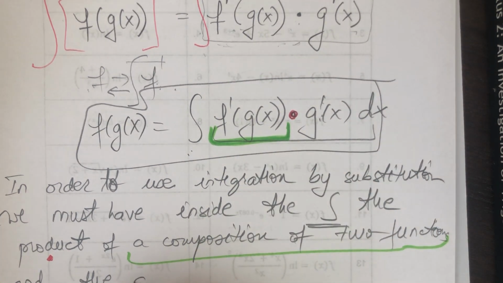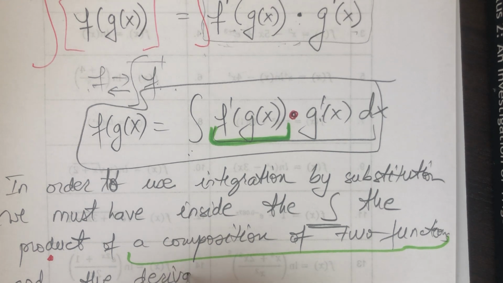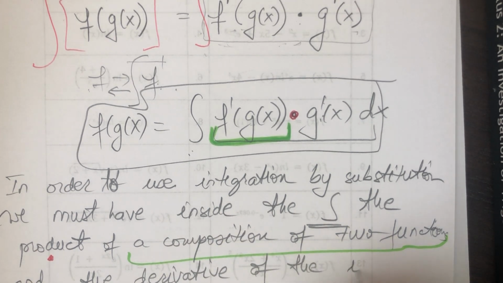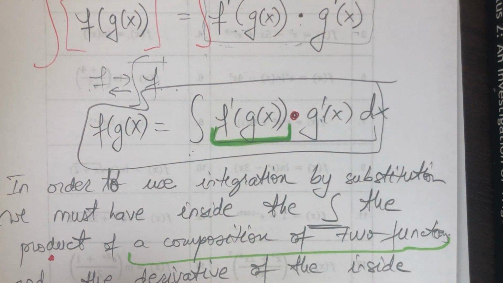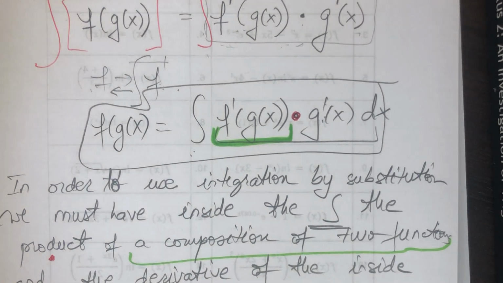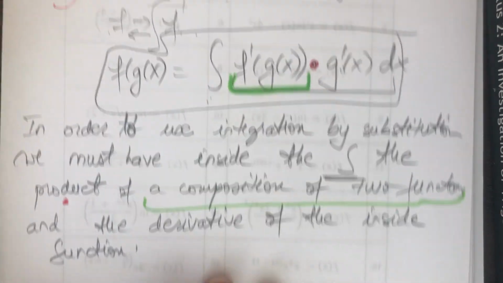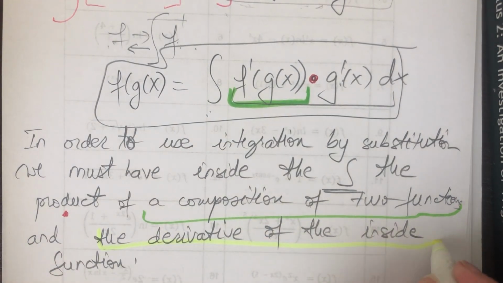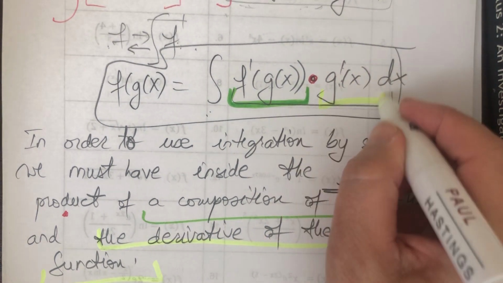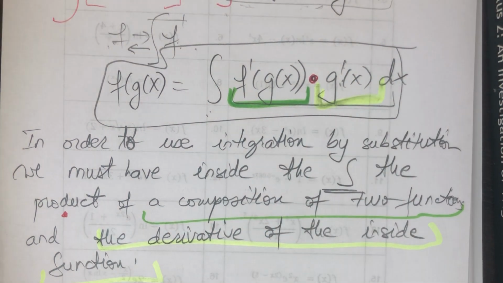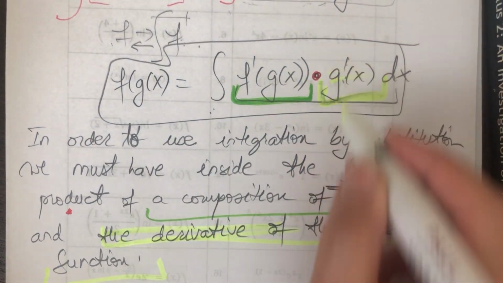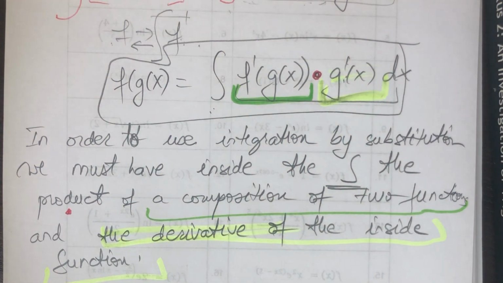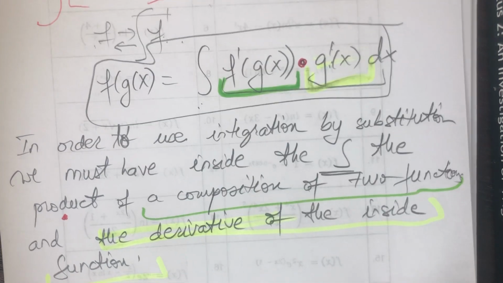The inside function. That's when you know you got yourself the chain rule backwards. So, and then what else do you have to see? The derivative of the inside function. That's this part. Okay, I don't want to quite highlight it because it might just color over and you can't see it to read it.